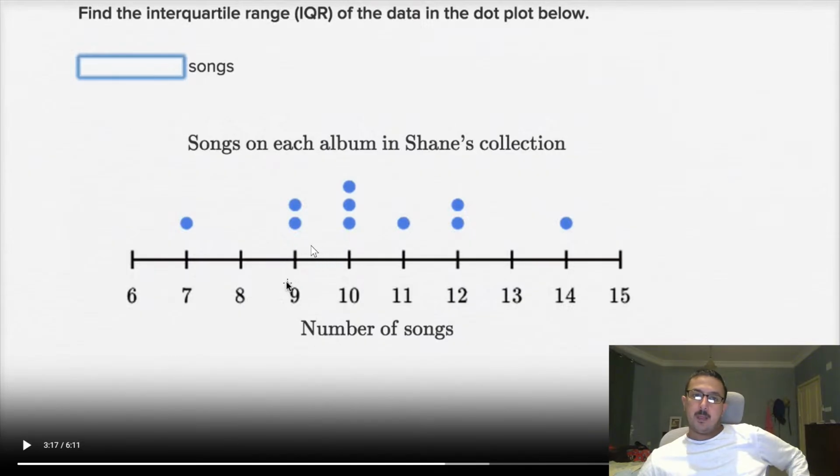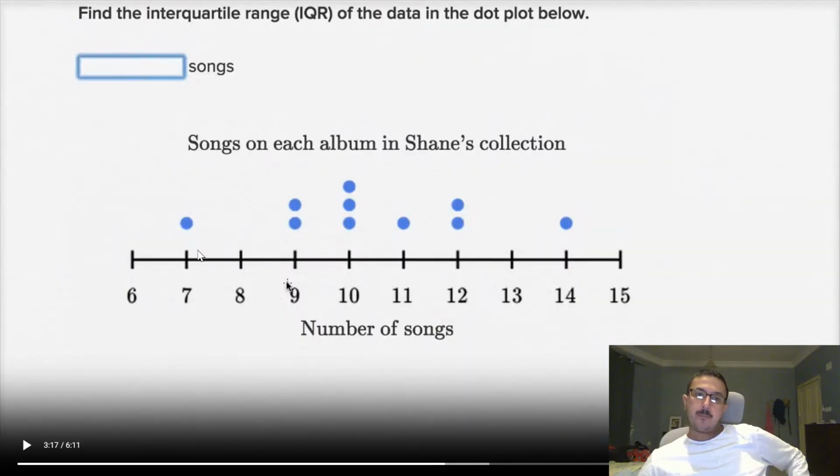1, 2, 3, 4. I get 1, 1. That's 2. And then I got 2, that's 4.